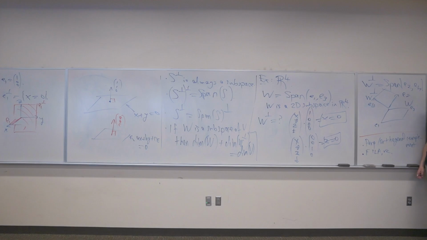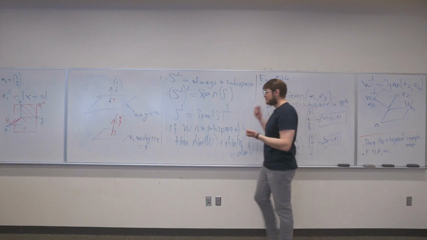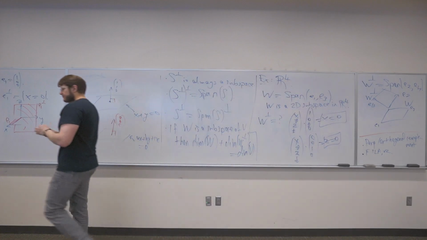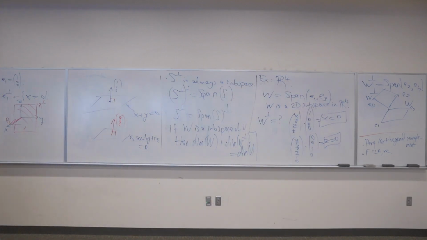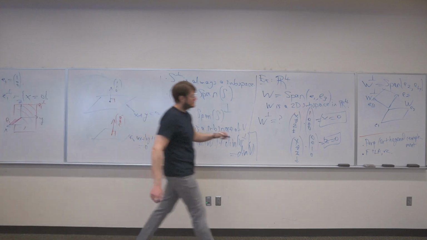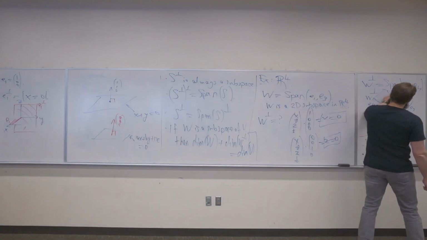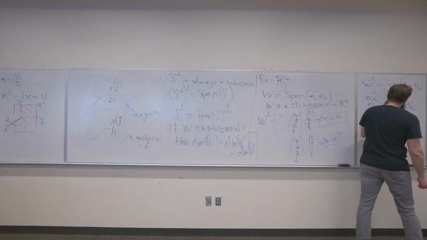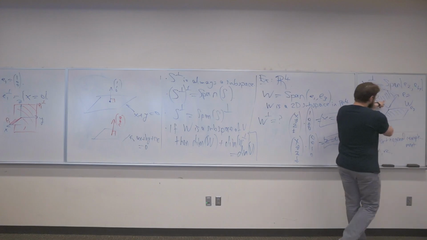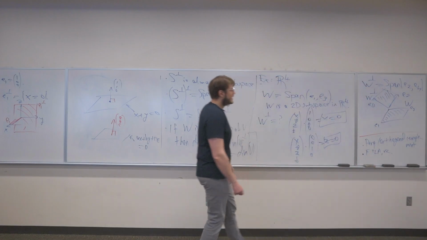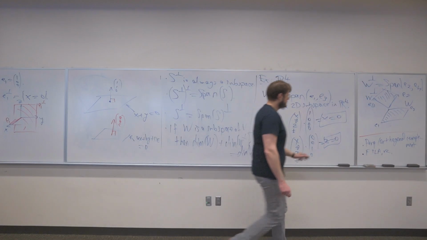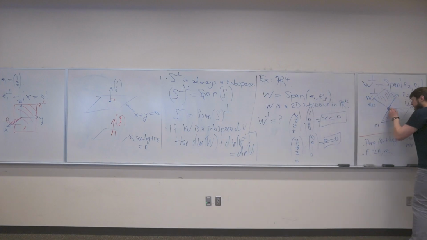It's kind of harder to visualize what is happening when the dimension is higher. So this is a plane, this is a plane, and they intersect only at the origin.